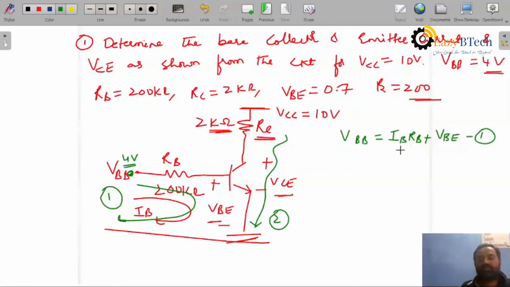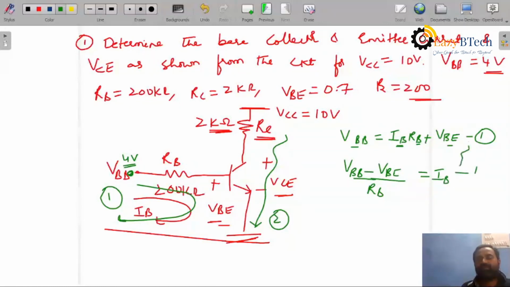From this, we will write IB, VBB known, RB known, VBE also known. The unknown is IB current. That is VBB minus VBE by RB is equal to IB. This is the first equation.